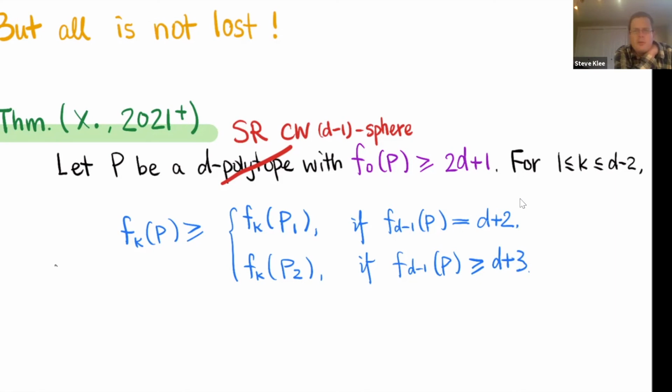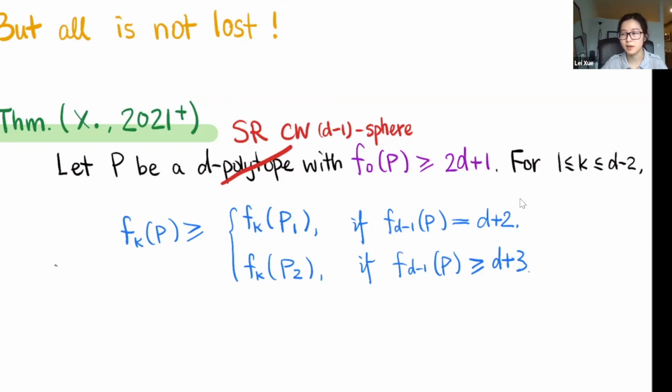Sorry, can you say what you said again? There's a difference between 2D plus 1 and 2D plus 2, is that what you said? Or is it that you get new lower bounds as the number of vertices increases even more? Okay, so I also worked on the 2D plus 2 case, and what happens there is very similar to the 2D plus 1 case. You also have two candidates, call them P1, P2, and together I believe they will give you a lower bound for polytopes with at least 2D plus 2 vertices.